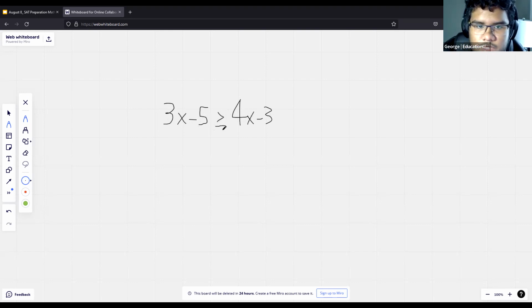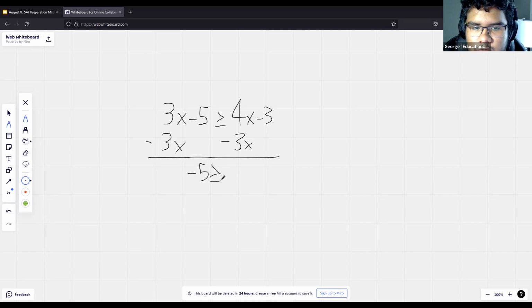So what we want to do is get x onto one side. And to do that, we can subtract either 3x from both sides or 4x from both sides. But for the sake of convenience, I'm going to just subtract 3x from both sides. So we are left with -5 is greater than or equal to x minus 3.